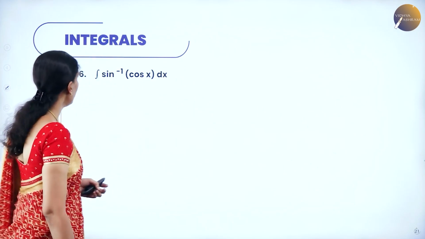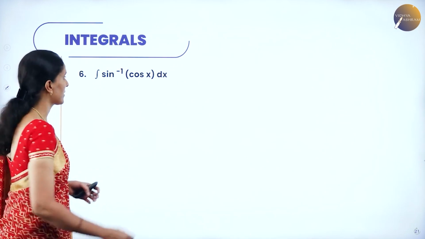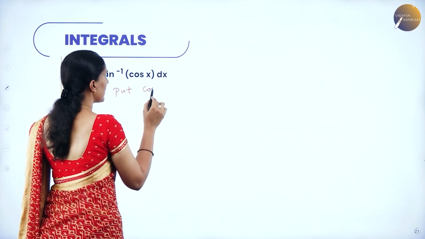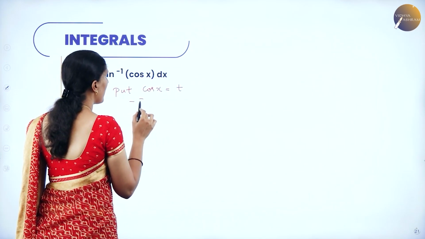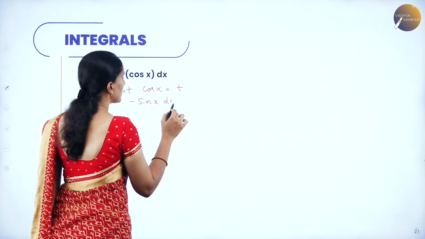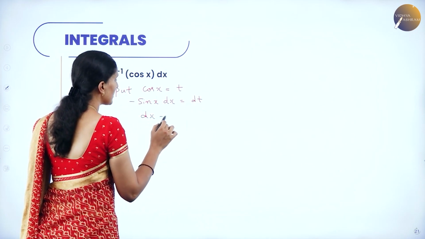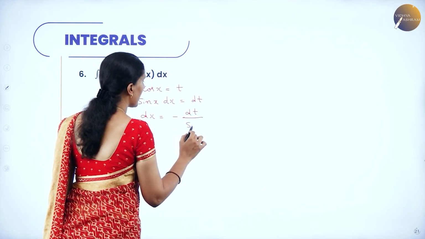Next question we have integral of sine inverse of cos x into dx. So here put cos x is equal to t. Then what happens? Minus sin x into dx is equal to dt. Or I can write dx is equal to minus dt divided by sin x.